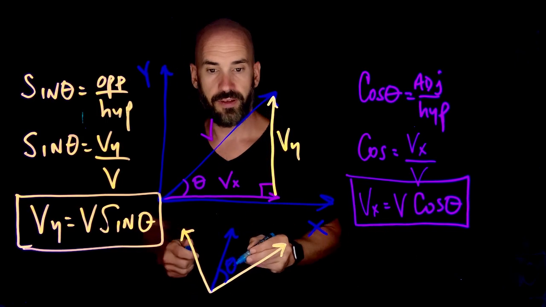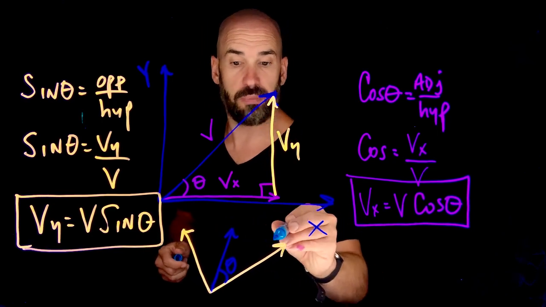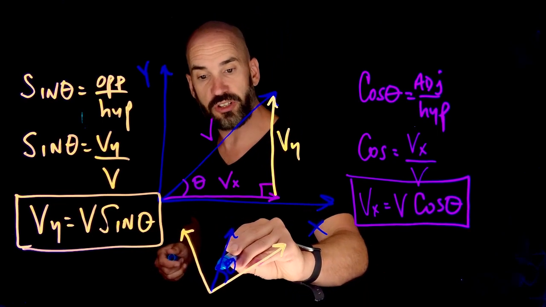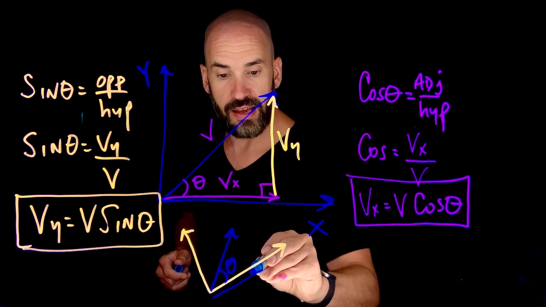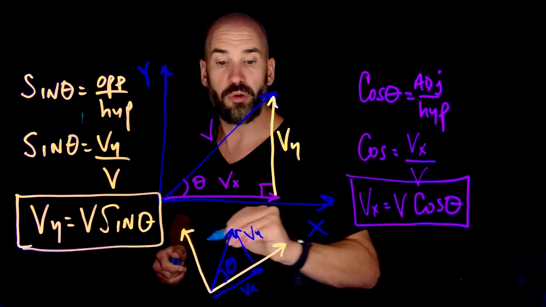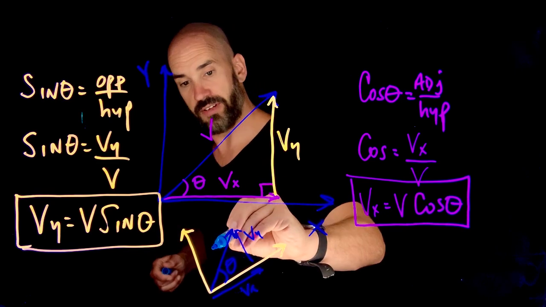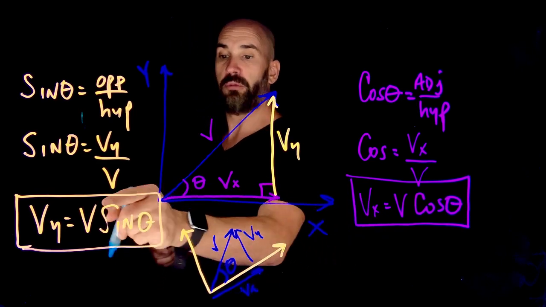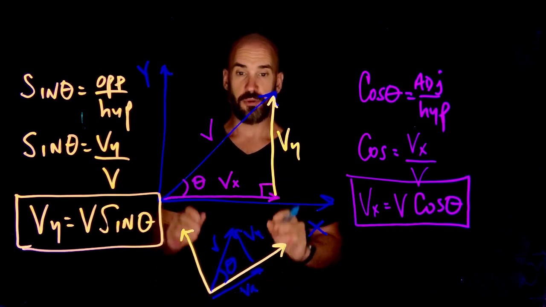This is theta. In this case, even if we do this, the same rules apply. If we just call that theta instead, we still know that the x and y components break up the same way. Vx will still be V cosine theta, and Vy will still be V sine theta. Piece of cake, super easy.